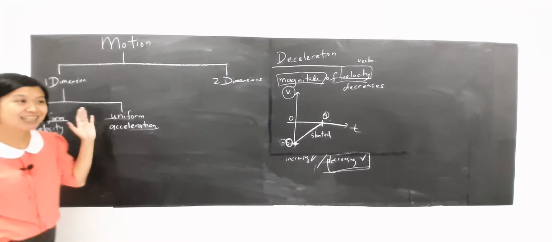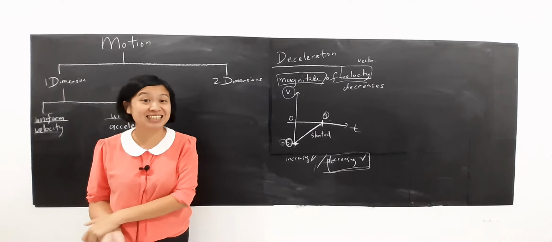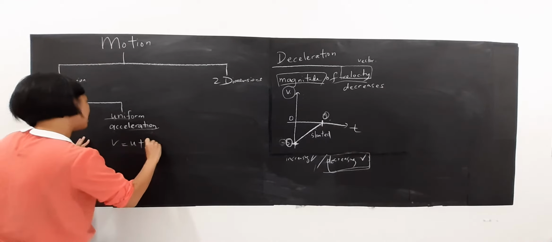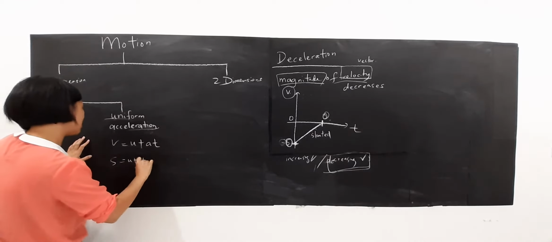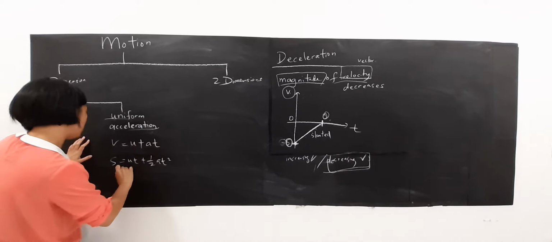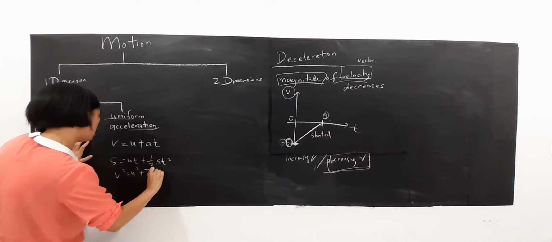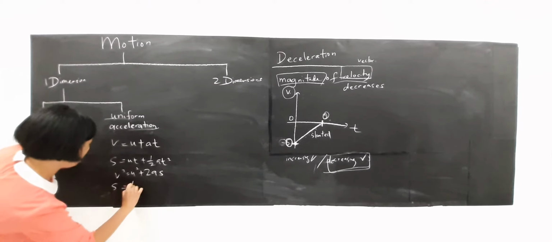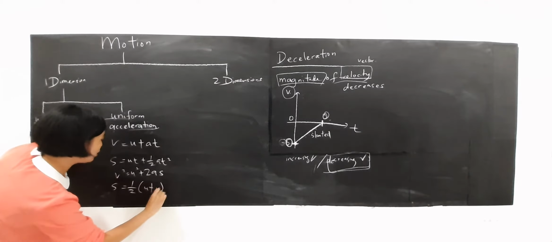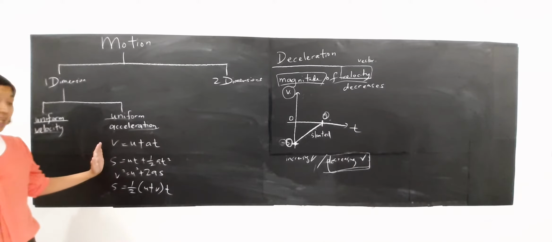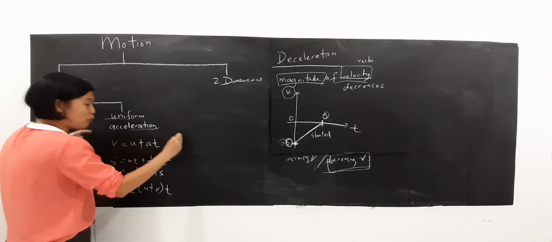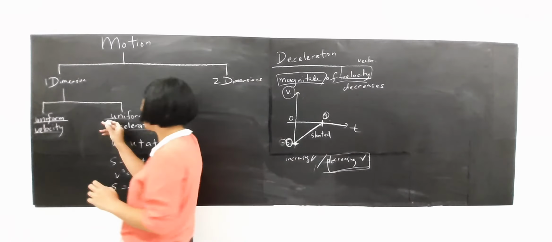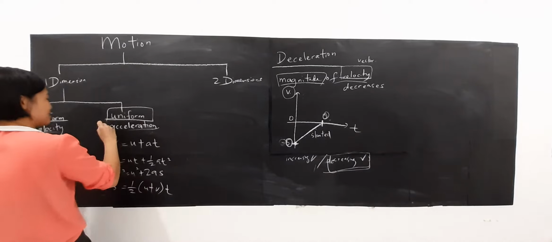You still remember the 4 important equations of motion, which are this one: v equals u plus at, s equals ut plus half at squared, and another one will be this. Do you remember? If you don't remember, now you should recall that knowledge already. These 4 equations that you usually use are for uniform acceleration.